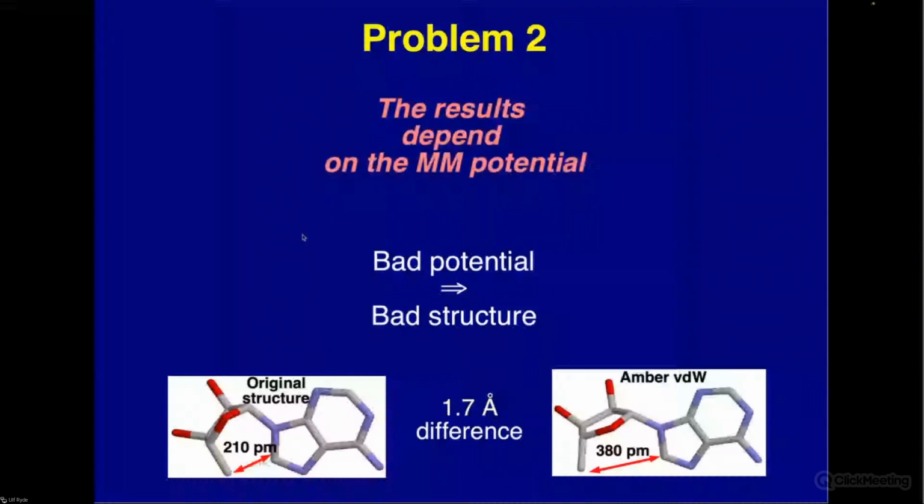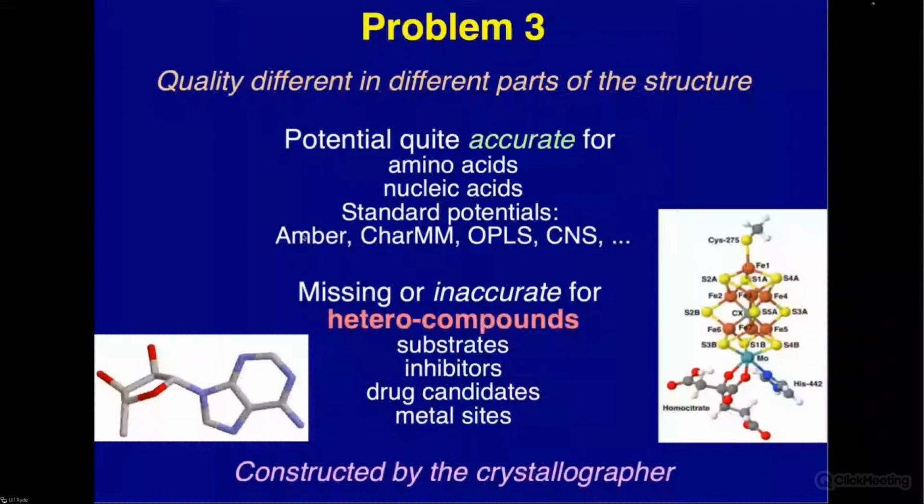And the third problem, and perhaps the worst one, is that the quality of the crystal structure will be different in different parts of the structure, depending on the molecular mechanics potential. In general, you have quite accurate molecular mechanics potential for amino acid, nucleic acid, things that you have accurate crystal structures of.